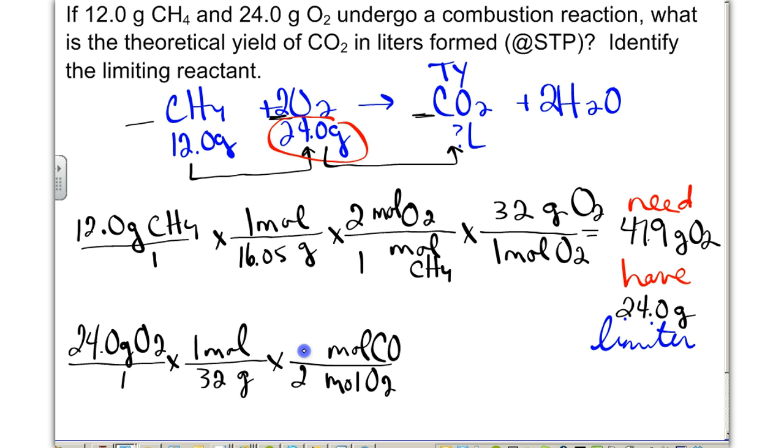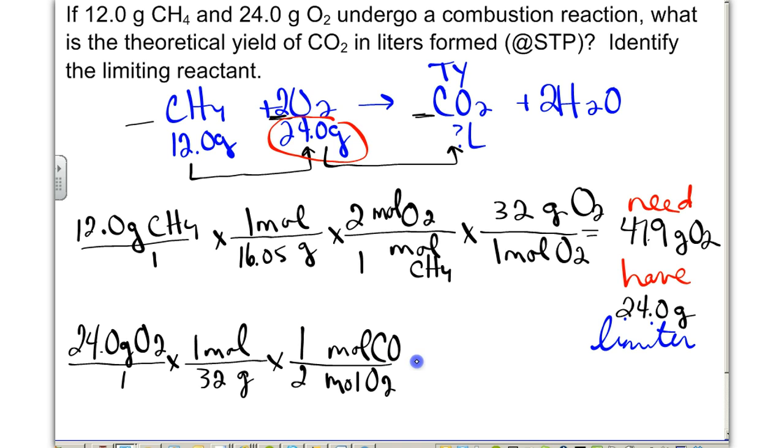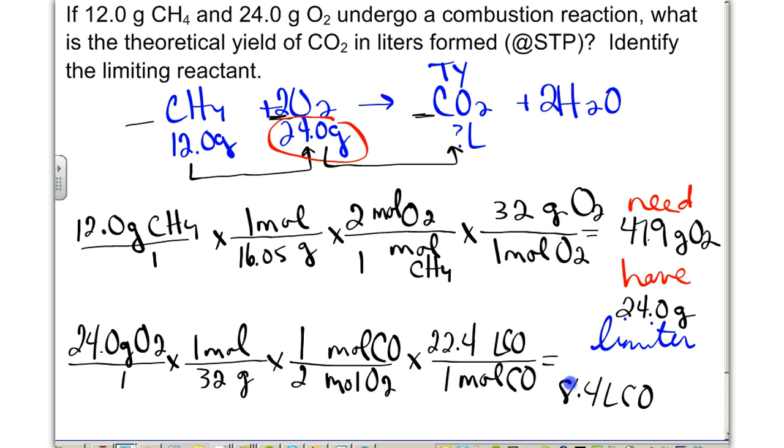So we'll put 2 to 1. Times, draw a line, bring down mole, and here they ask us to go to liters. So we'll put liters of CO, and liters is going to be 22.4 liters because 1 mole of any gas at STP is equal to 22.4 liters. The answer to this is going to be 8.4 liters of carbon monoxide.